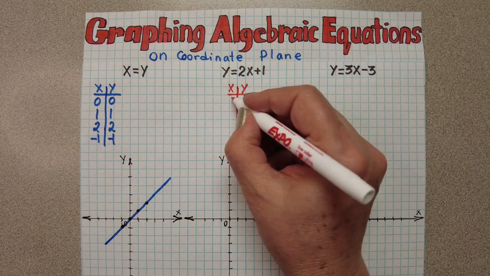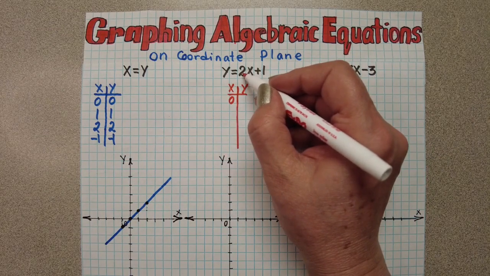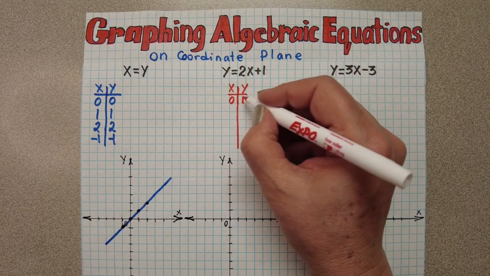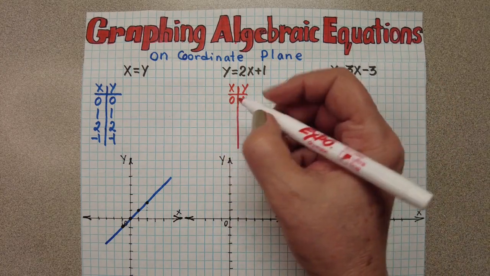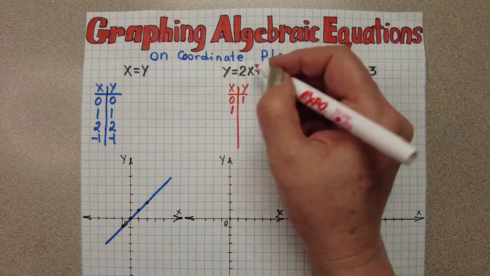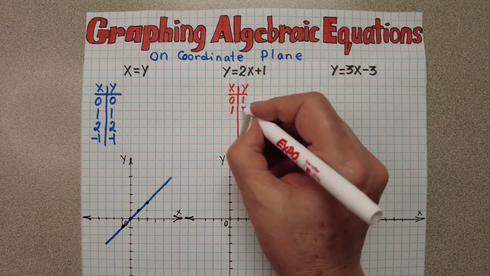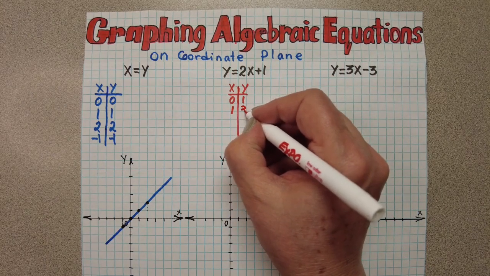When x is 0, 0 times any number is 0, plus 1 equals 1. When x is 0, y is 1. When x is 1, 1 times 2 is 2, 2 plus 1 is 3. So our y will be equal to 3.